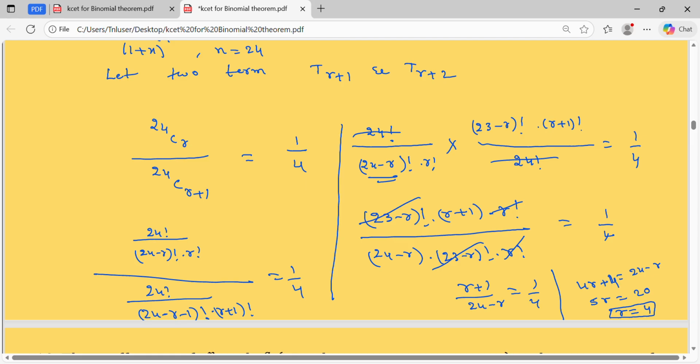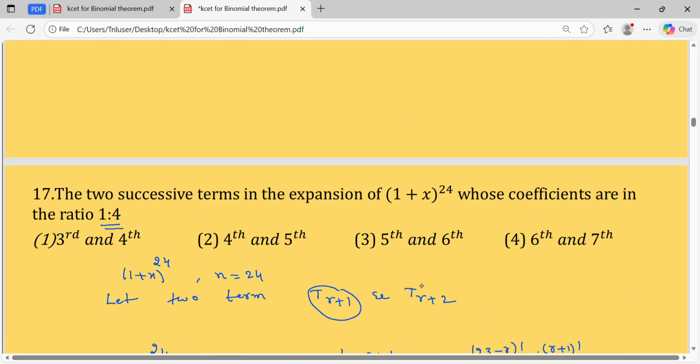If r equals 4, then what are the T r plus 1 terms? T r plus 1 and T r plus 1, two terms, nothing but T5 and T6 is the final answer. So option 3 is the correct answer.